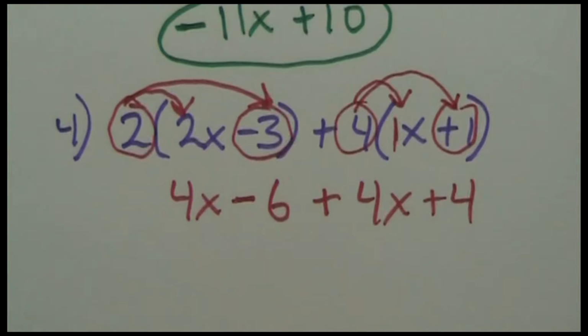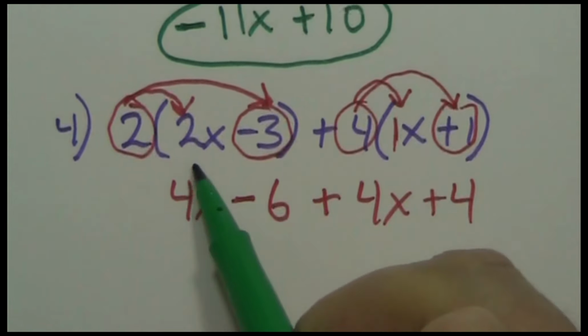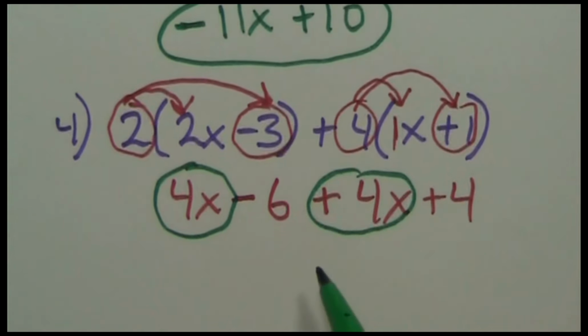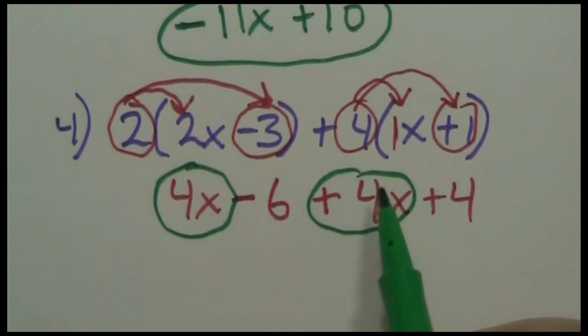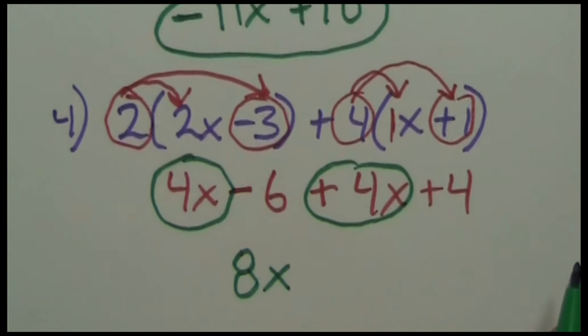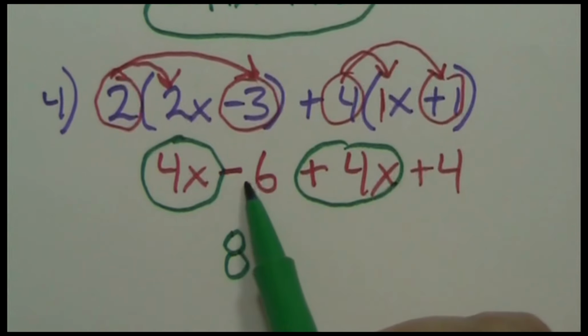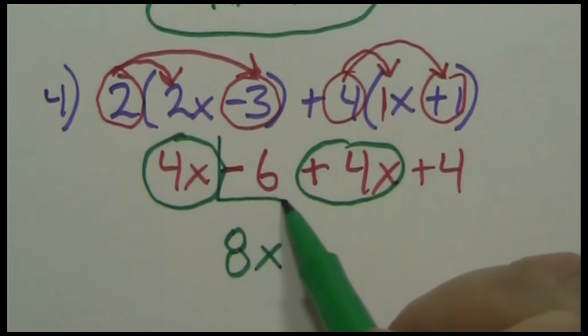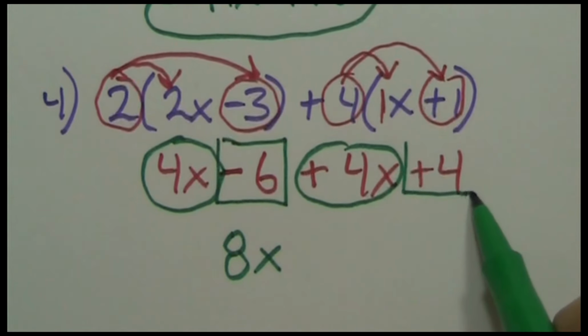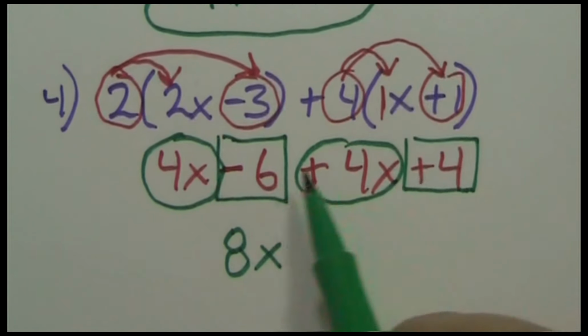All right, now I look for like terms. Let's see, I have my x's, 4x, and another positive 4x, 4x and 4x. That's 8x. Now I look up my constants. I have negative 6, positive 4.